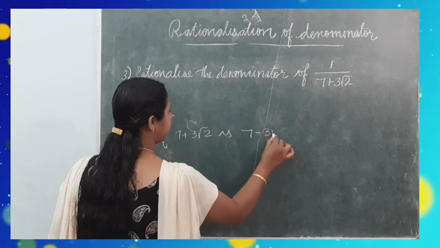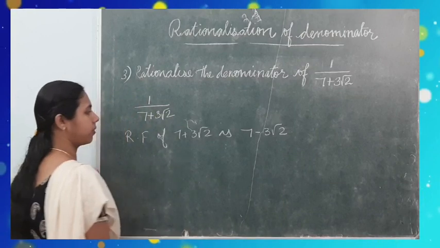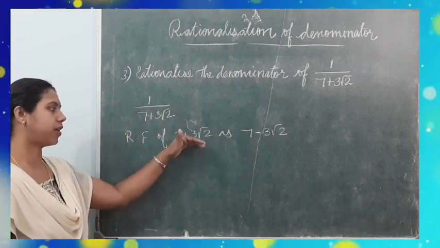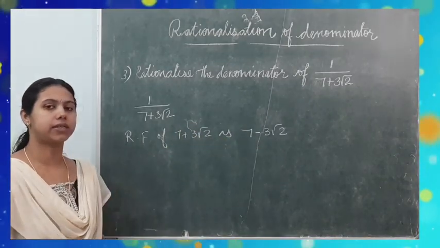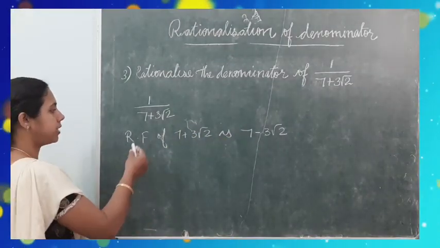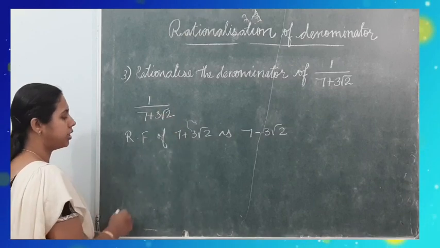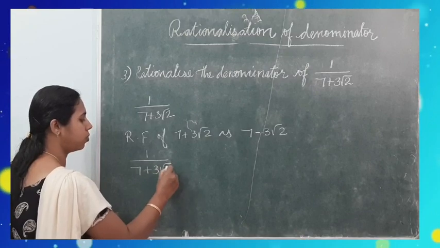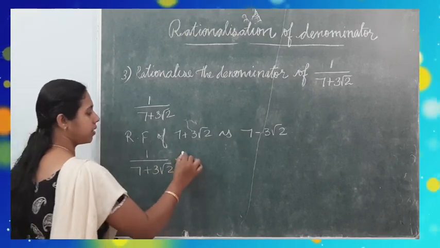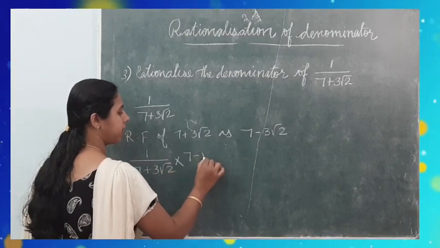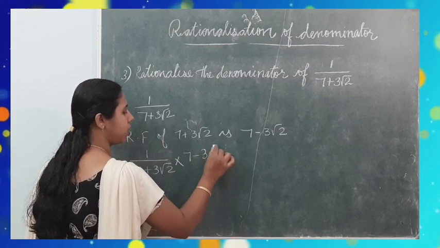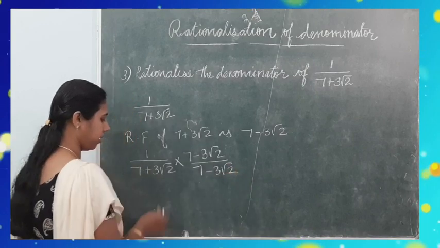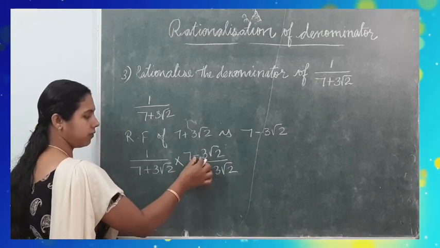Or you can say the conjugate of 7 plus 3 root 2 is 7 minus 3 root 2. So multiply that with the numerator and denominator, then it will be 1 by 7 plus 3 root 2 into the conjugate, 7 minus 3 root 2 by 7 minus 3 root 2. Here it is positive, so the conjugate will be negative.